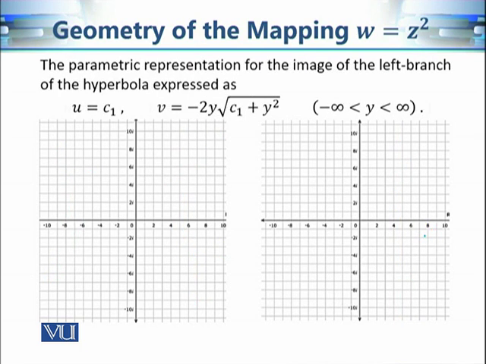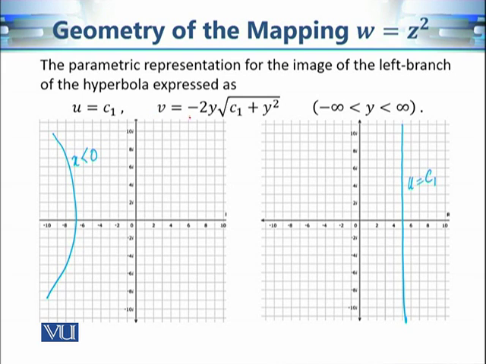Now let's see the image of the second portion of the hyperbola, the portion where x is negative. This portion will also be mapped onto u = c1, which is of course a vertical line. Now let's see the effect on the value of v.